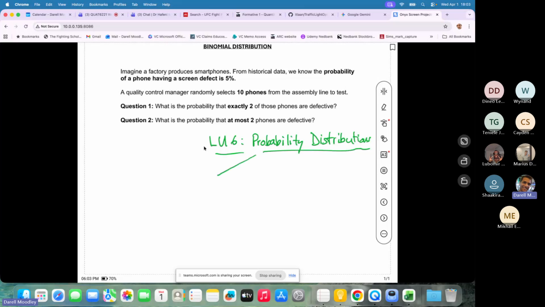There's distributions for discrete random variables. And by now, I'm sure you're familiar with random variables because you were tested on it in the assignment. So you get your discrete random variables, and you can also have probability distributions for continuous random variables.